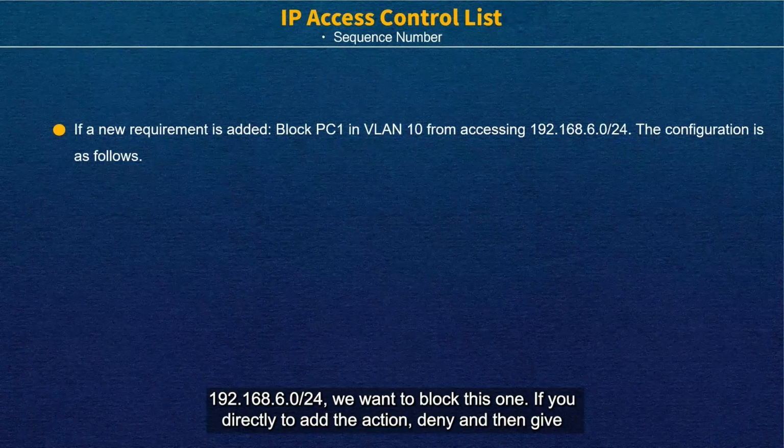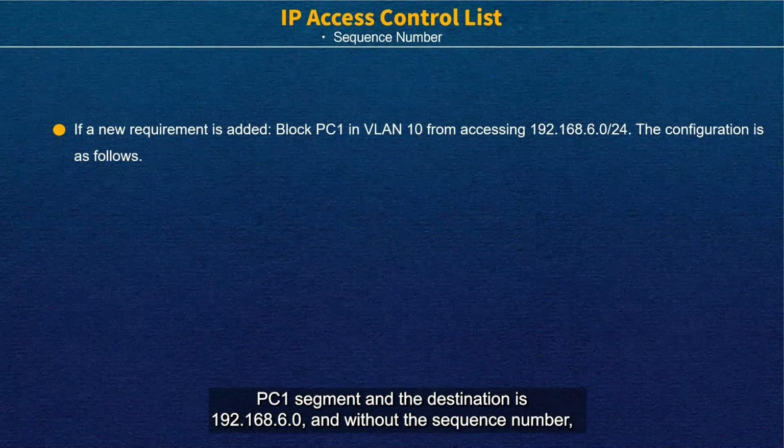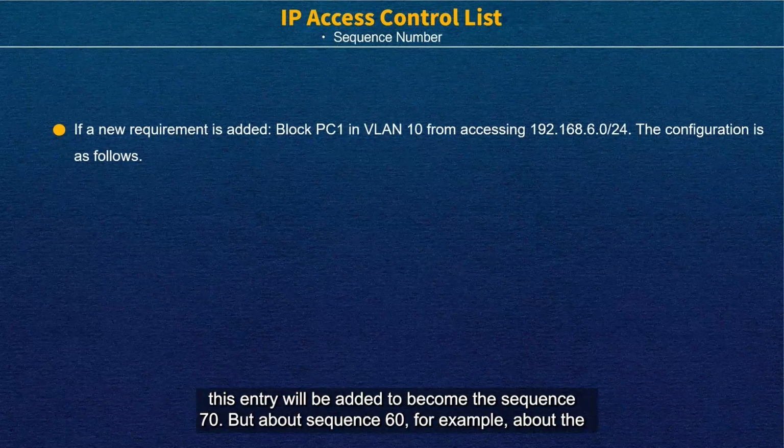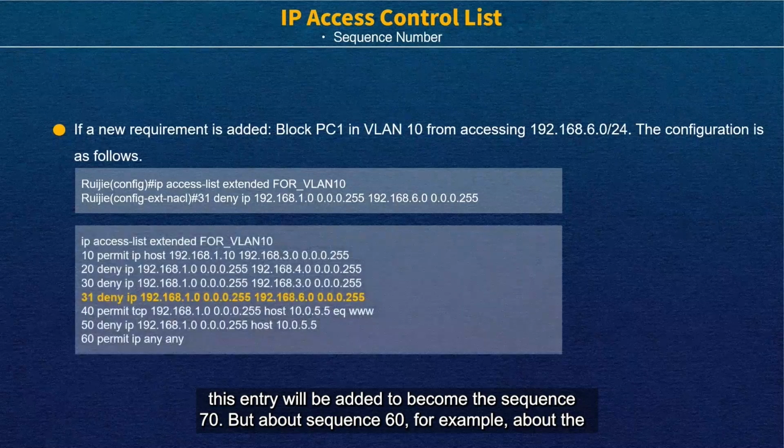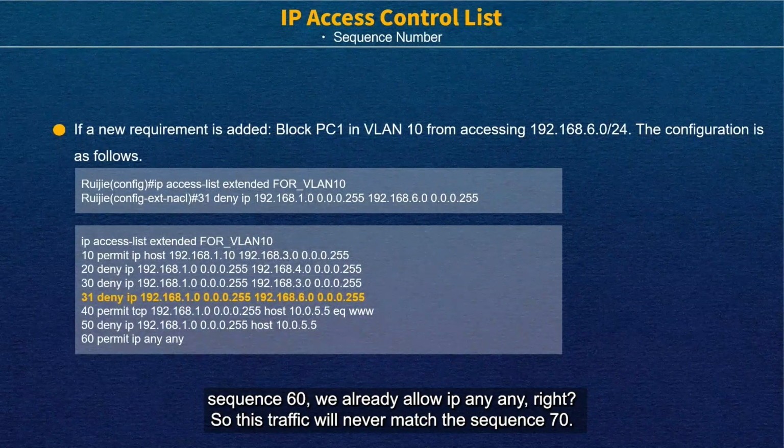If you directly add the action deny and then give the PC1 segment and the destination 192.168.6.0 without the sequence number, this entry will be added as sequence 70. But for sequence 60, we already allow IP any, right? So this traffic will never match sequence 70.